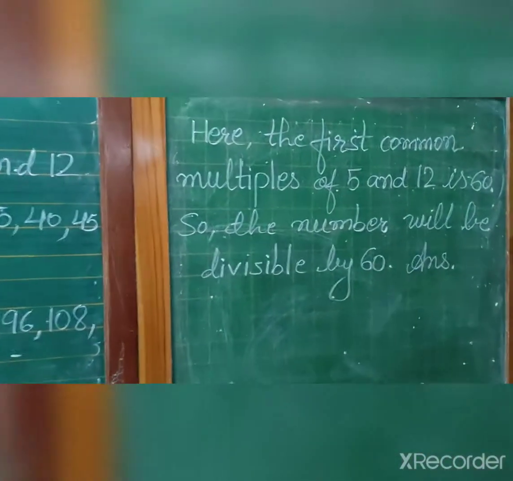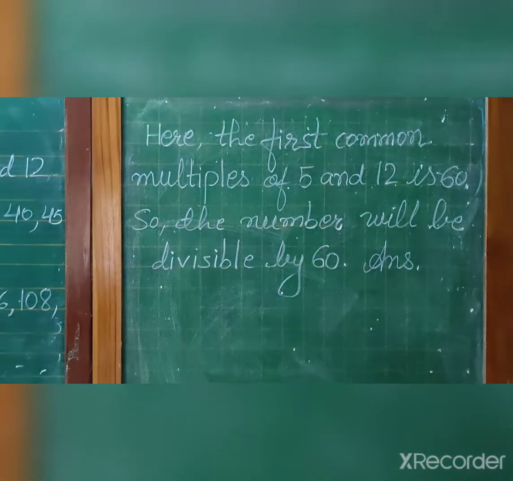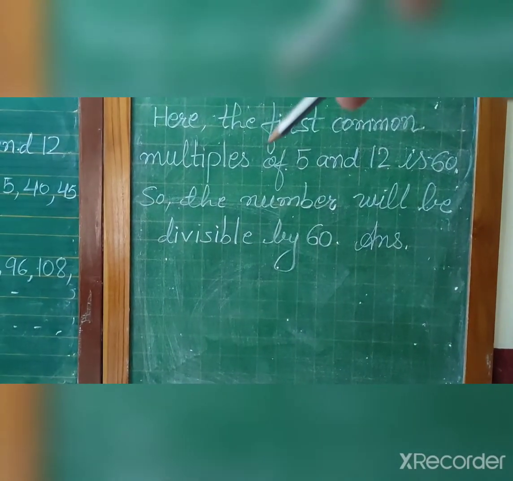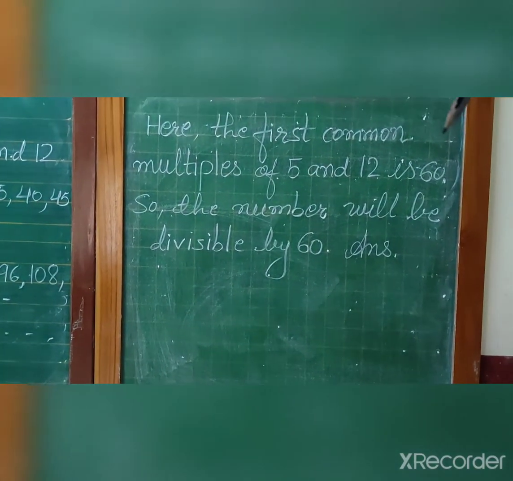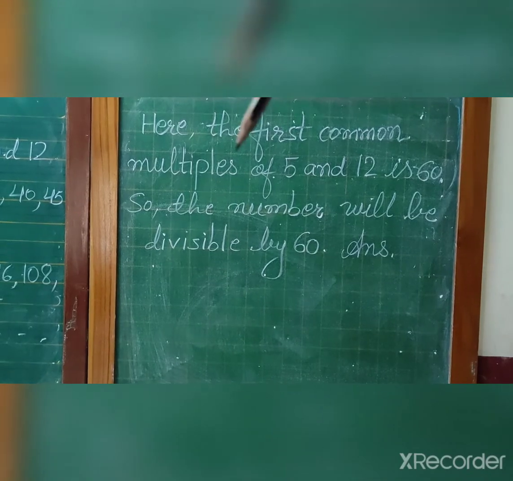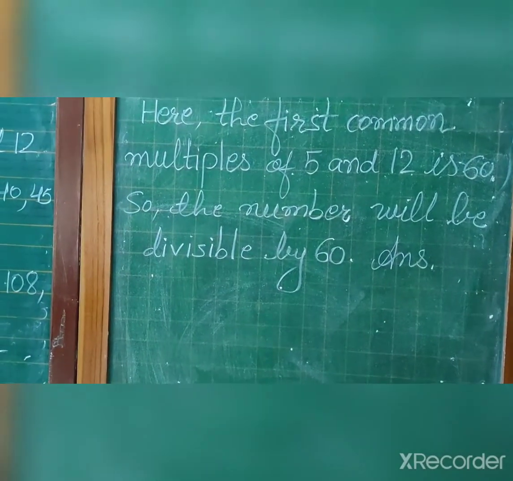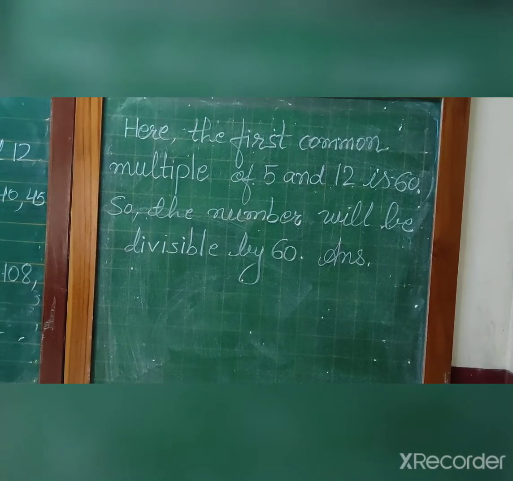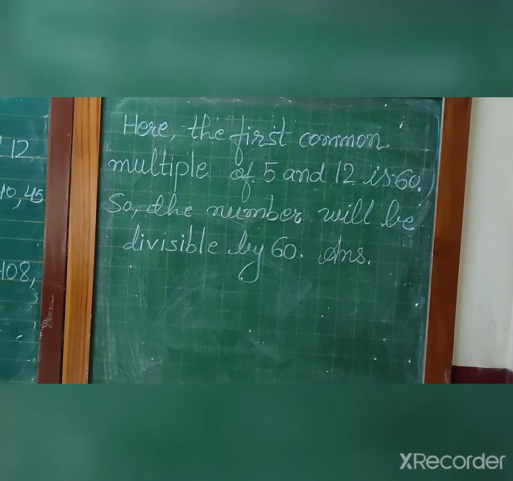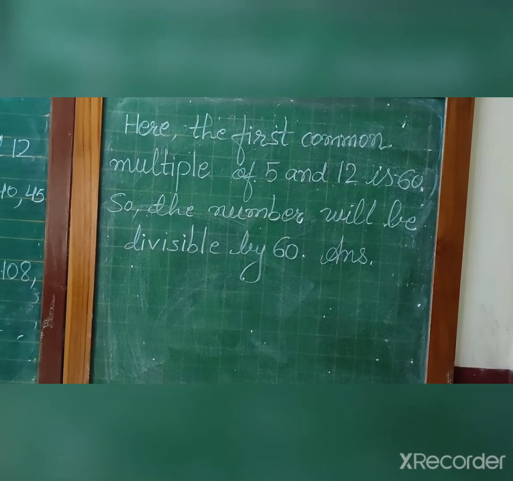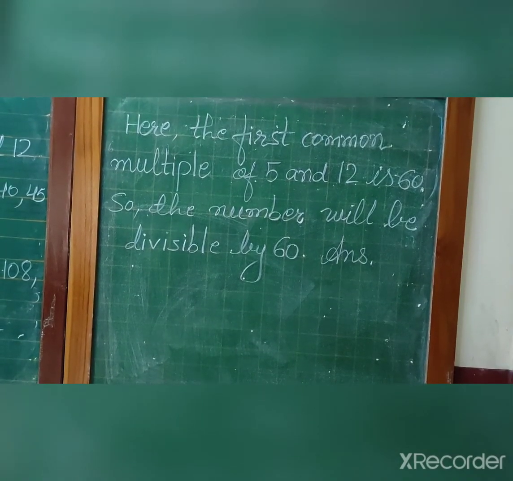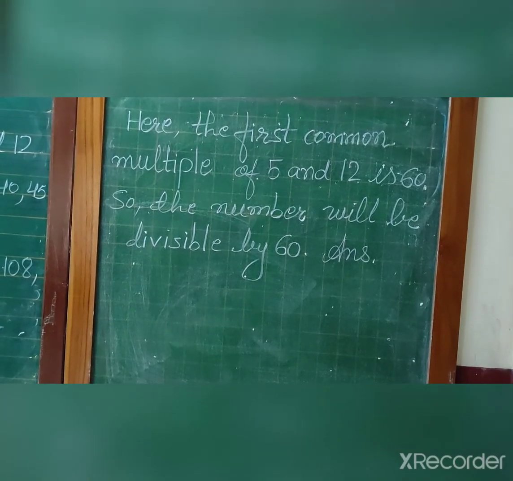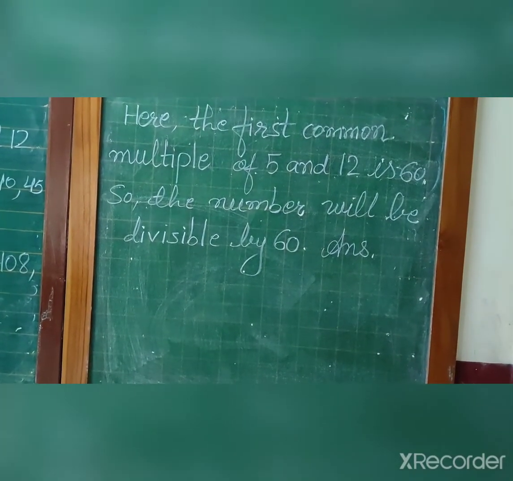You will not write the plural because we are talking about only one multiple. So the first common multiple of 5 and 12 is 60. So if a number is divisible by 5 and 12, then that number will be divisible by 60. So the other number will be 60.